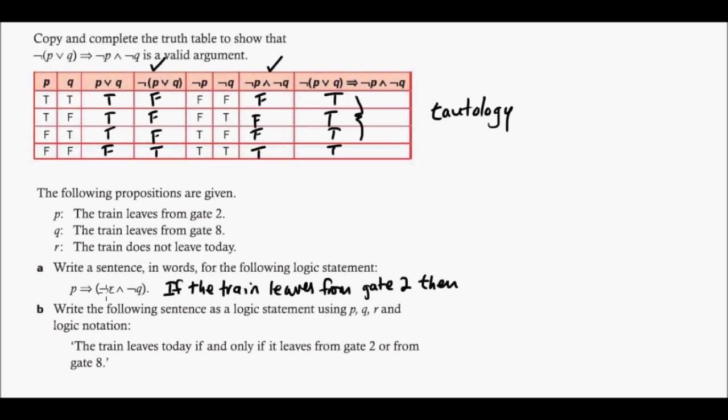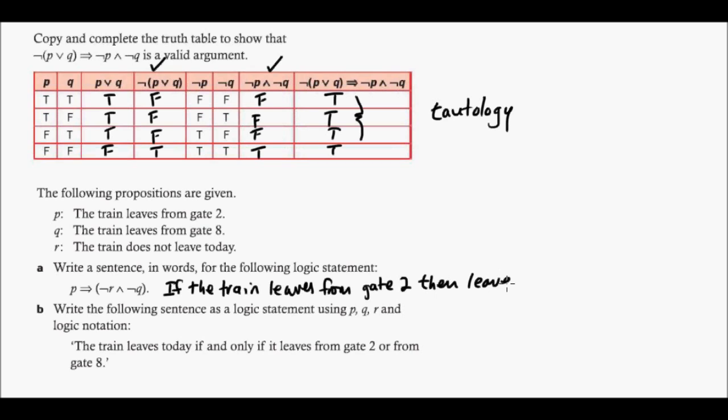Okay, so what does this say? It's not leaving today, and it's not leaving from gate 8. Okay, so then, so if the train leaves from gate 2, then it does not leave today. So then it leaves today.